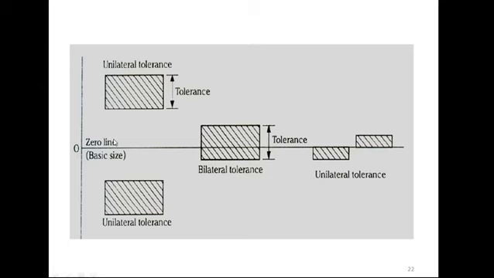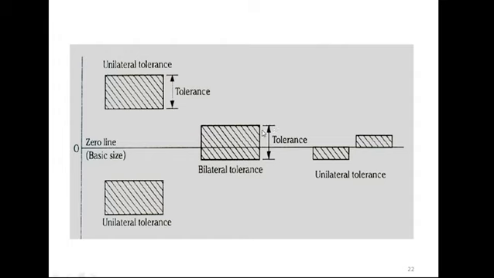For unilateral tolerance, this is the zero line. Unilateral tolerance can be a variation on one side only, either an upper variation or a lower variation, either plus or minus. If the diameter is 20, it is either plus 0.5 or minus 0.5. That is called unilateral.